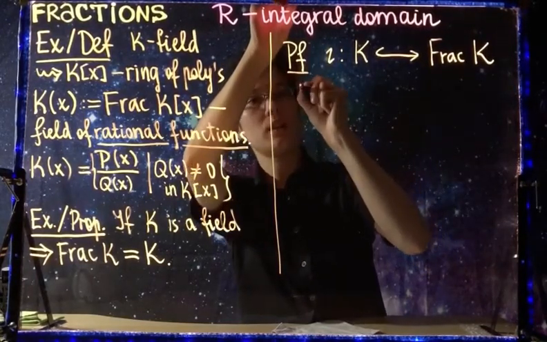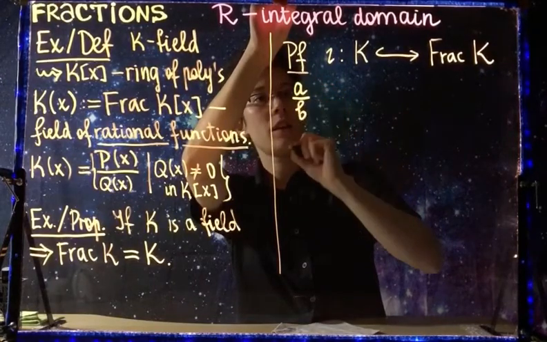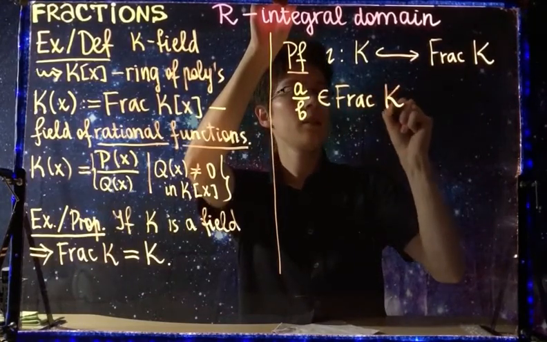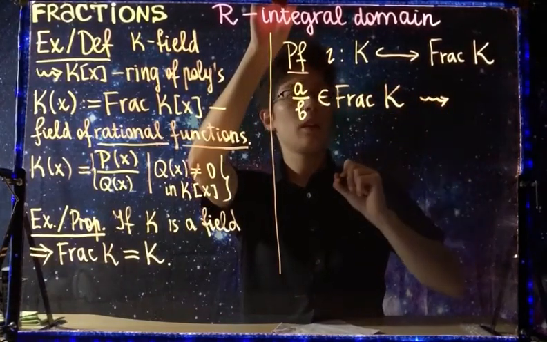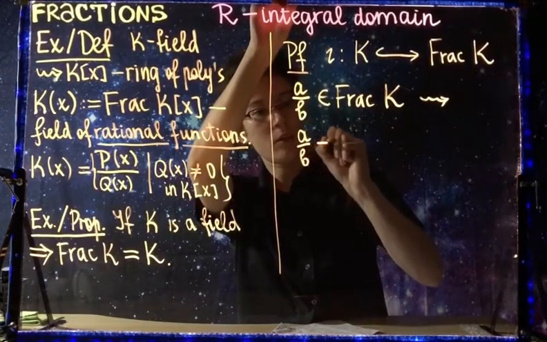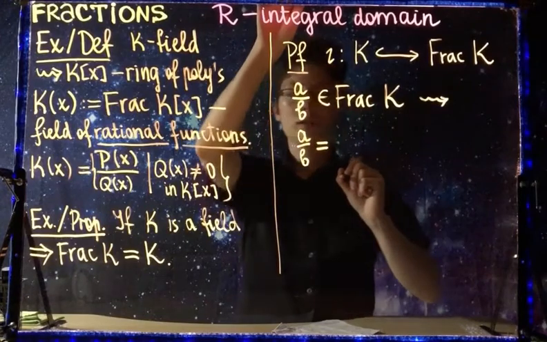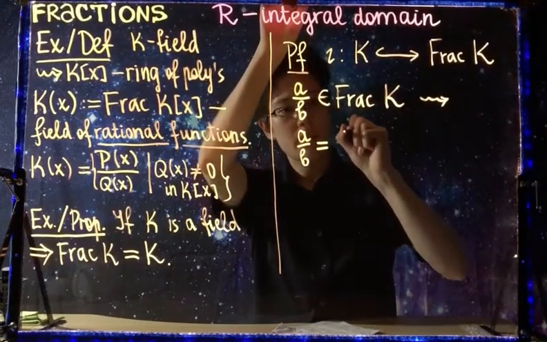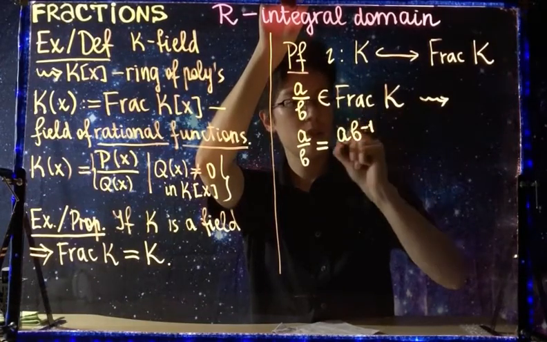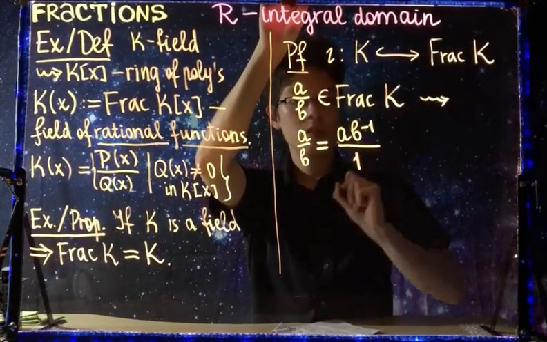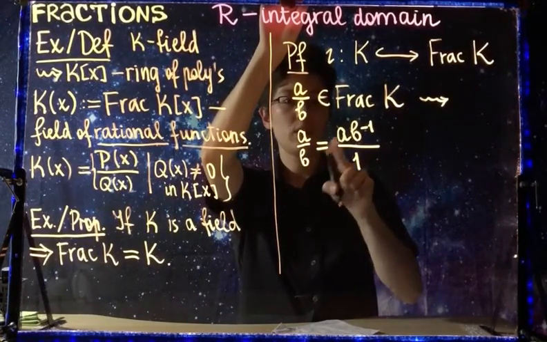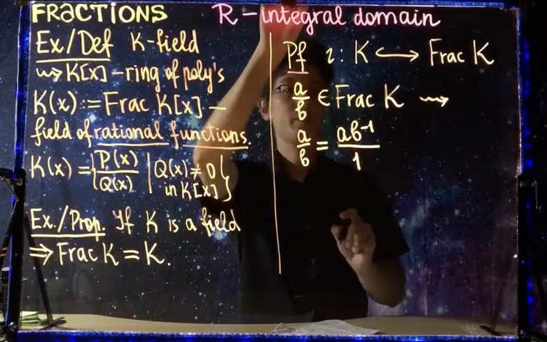So let's take A over B in frac K, then A over B can be written as A times B inverse over 1, because A times 1 is equal to B times AB inverse.